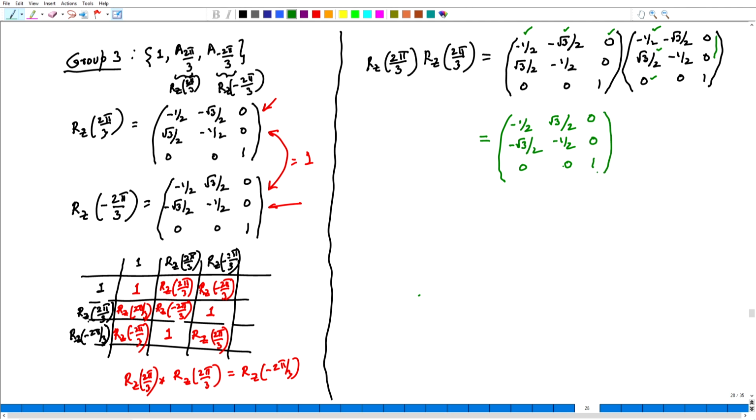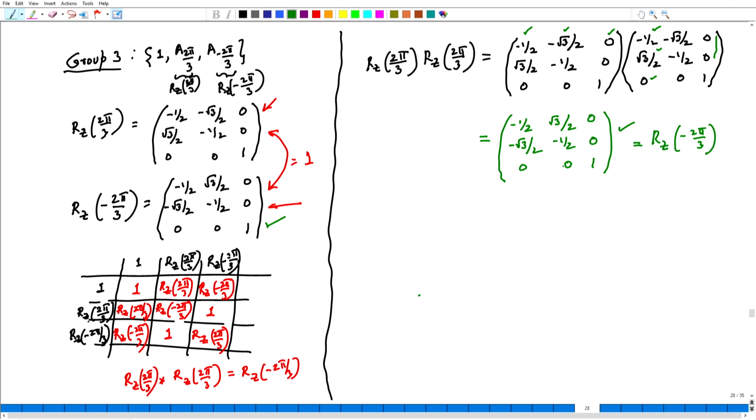So, this becomes the resulting matrix. Now, if I compare this matrix with this particular one, Rz minus 2 pi upon 3, you will see that these two matrices are identical, and so the resulting operation is minus 120 degrees.